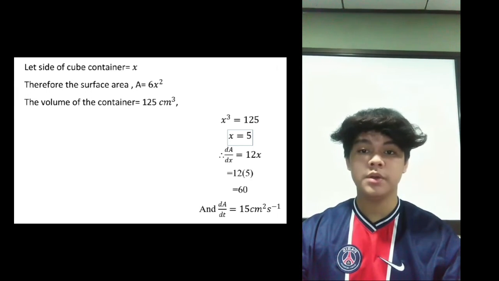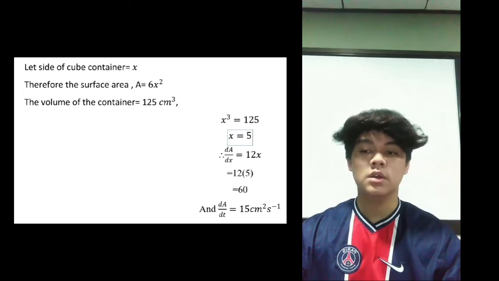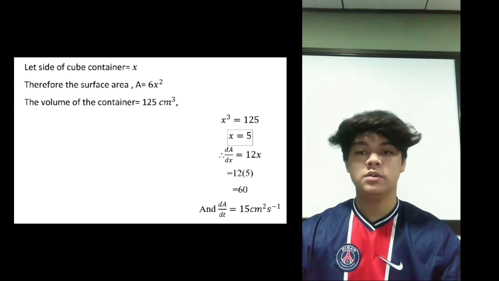So dA/dx equals 12 times 5 equals 60, and dA/dt, which is the rate the water freezes into ice, is given as 15 cm² s⁻¹.